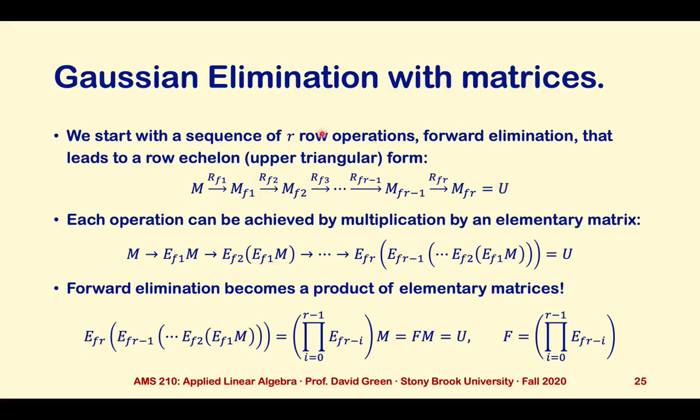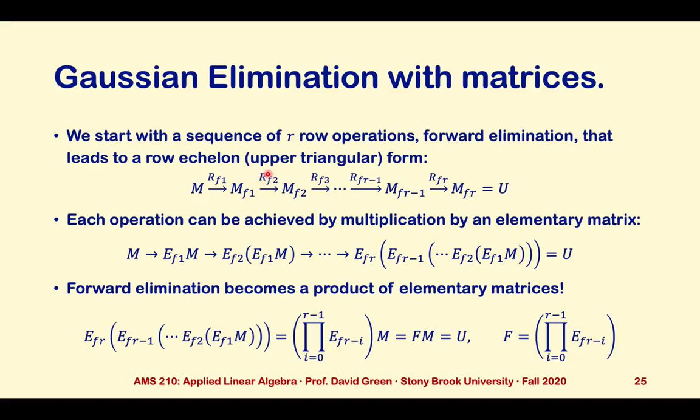This is just a shorthand of the steps of Gaussian elimination, forward elimination. We know that each of these row operations can be achieved by doing multiplication. So instead of applying this row operation F1, we could multiply M by the corresponding elementary matrix, EF1.